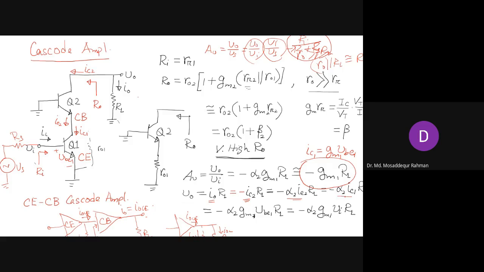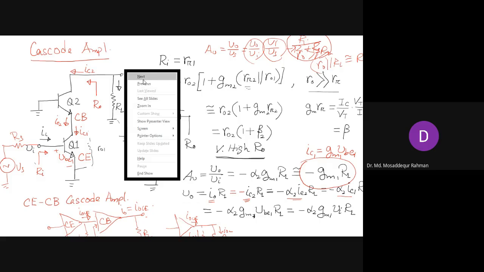IE2 is IC1. So that's it. What you write here, okay, I go back, maybe it's become clumsy. Go to our next slide.